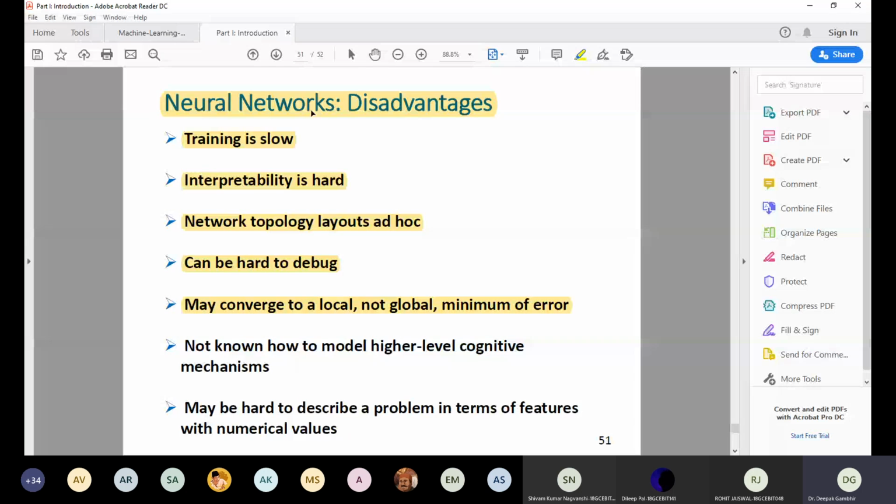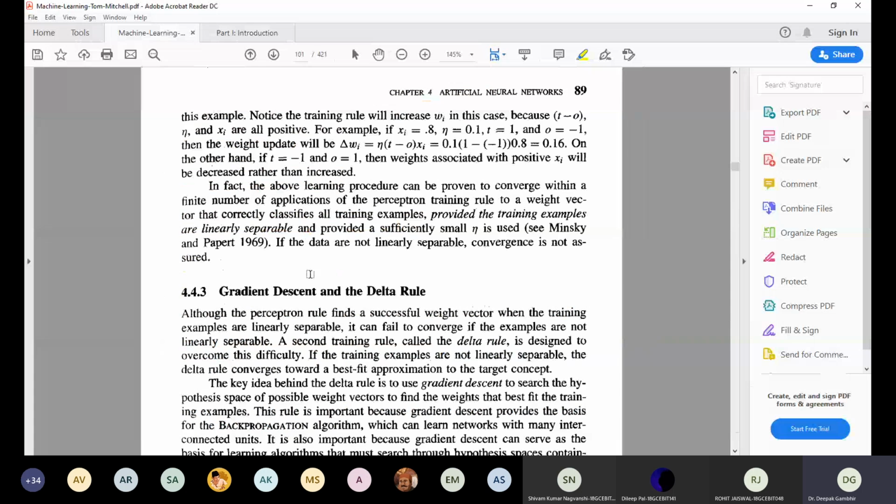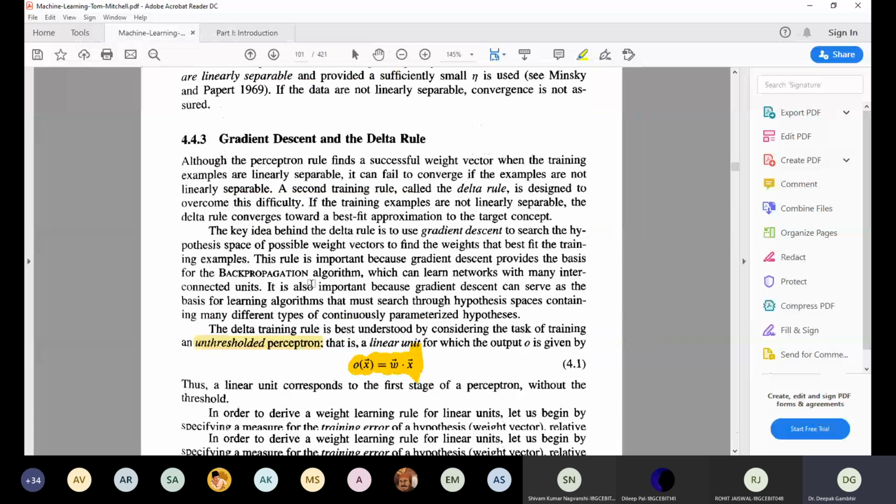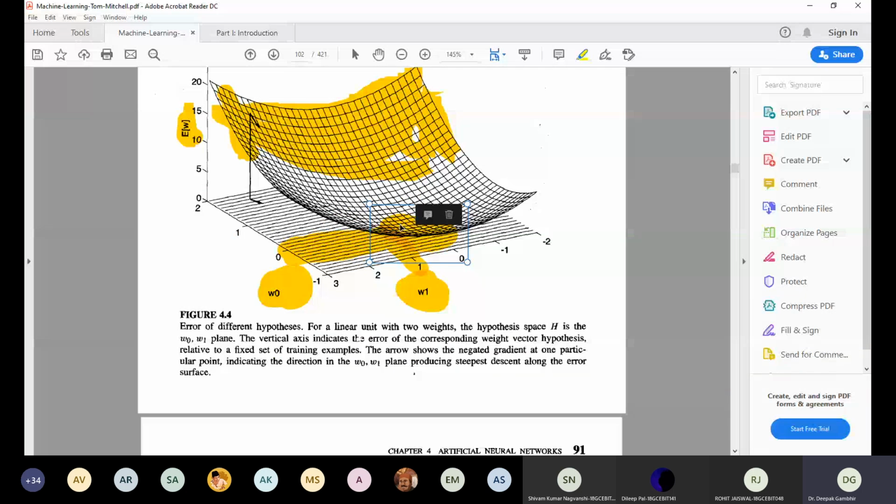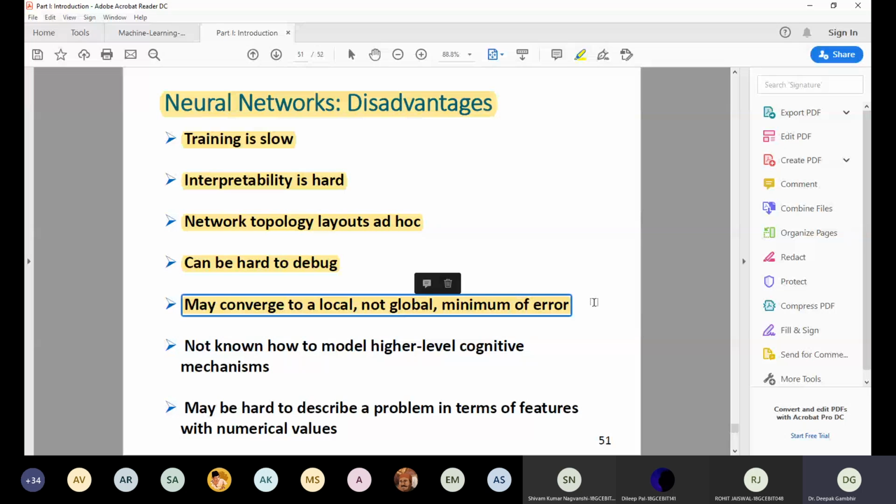We have seen that we need to reach a global minimum, but the surface shown has only one minimum. But if there is a rough surface in which there is not one minimum, then it can converge to a local minimum. That does not guarantee that it's a global minimum. So one disadvantage of the neural network is that it may converge to a local minimum.